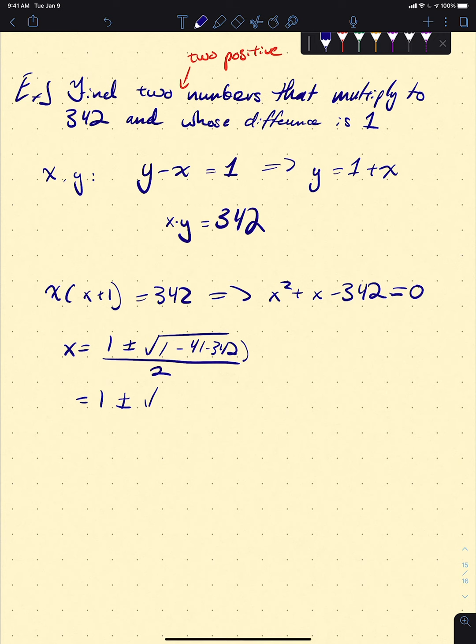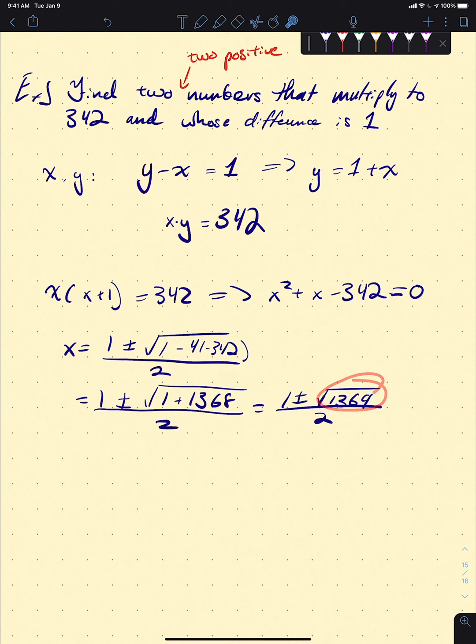So we have 1 plus or minus 1 plus this, 4 times 342, is 1,368, all over 2. When we add 1 to this, we have 1 plus or minus the square root of 1369 over 2. And then from here, we can recognize, or type it into a calculator, that this is the square of 37.